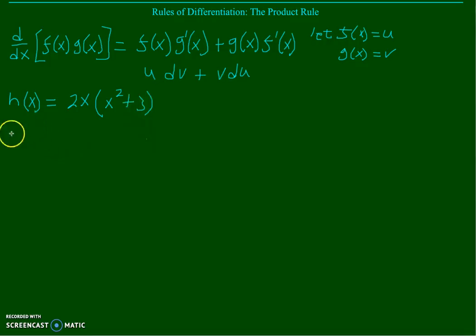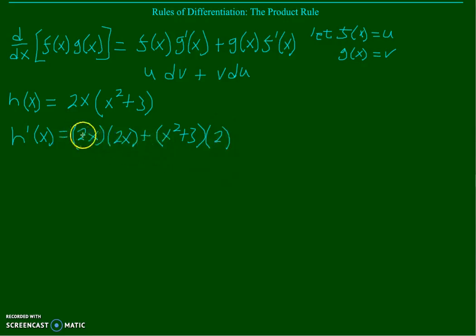Now, to take the derivative, h prime of x, we'll have u, 2x, dv, so the derivative of this is 2x, plus v, this function, x squared plus 3, times the derivative of the first, which is just 2.